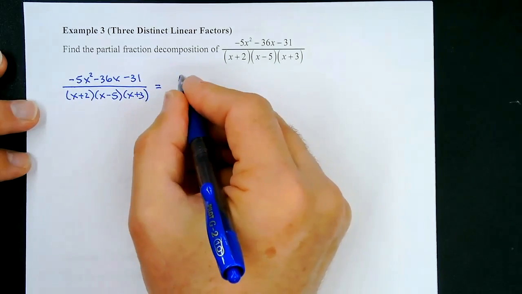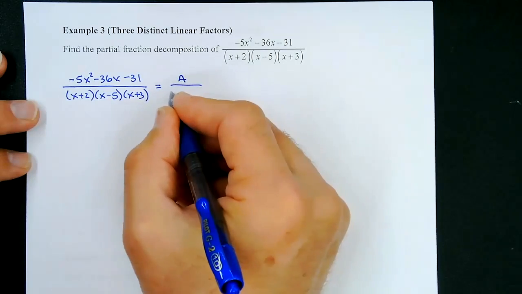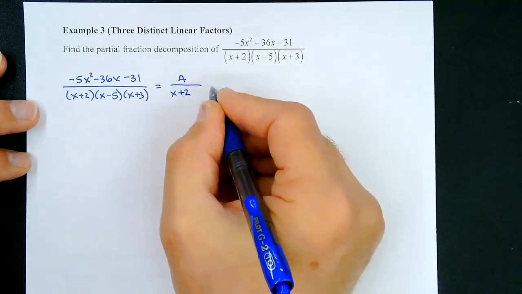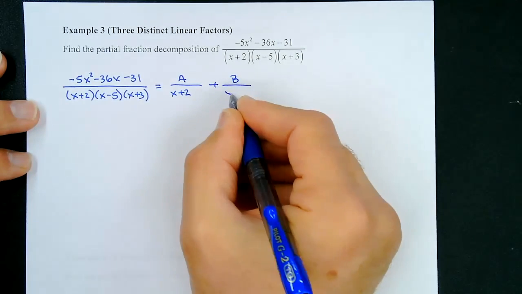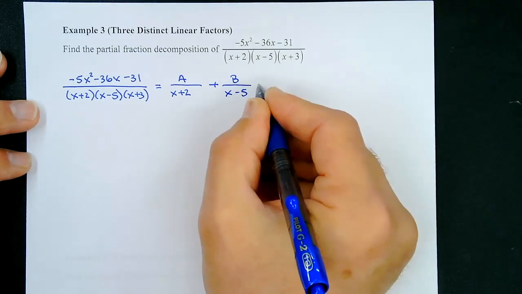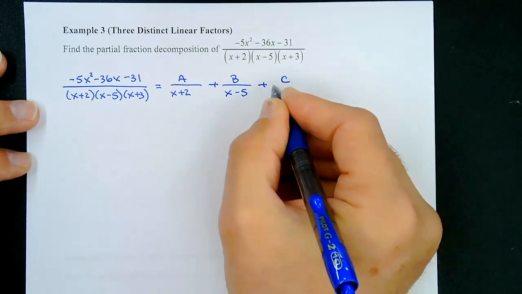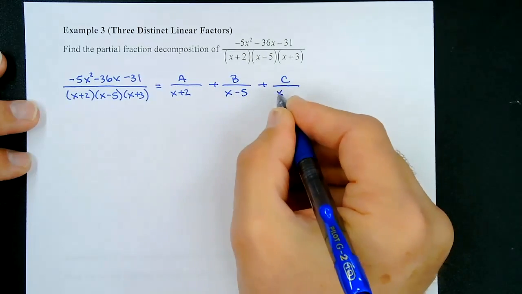So we'd write a over x plus 2 plus b over x minus 5 plus c over x plus 3.